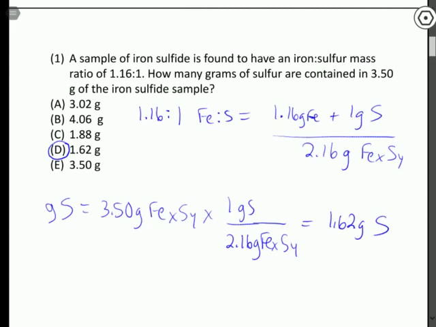The law of definite composition tells us that this particular compound is going to have this ratio of masses, and it doesn't matter how much compound we have, that ratio applies to any amount of the substance.